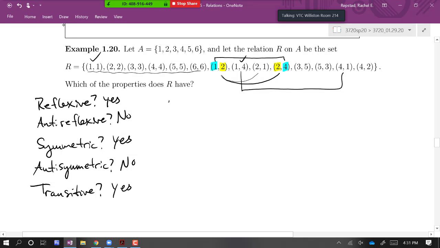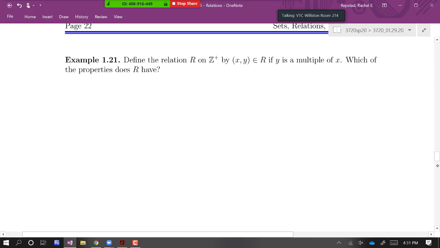When you are given just a list of ordered pairs, I suppose it's not too bad, but if this list of ordered pairs was substantially longer, we'd have a harder time with it. A lot of the relations that we work with won't be given by explicitly listing the ordered pairs. They'll be given by just describing what it means for one element to be related to another. On the next page, we have one such relation.